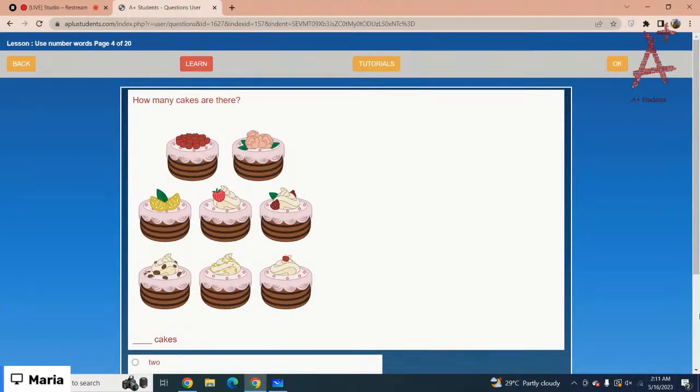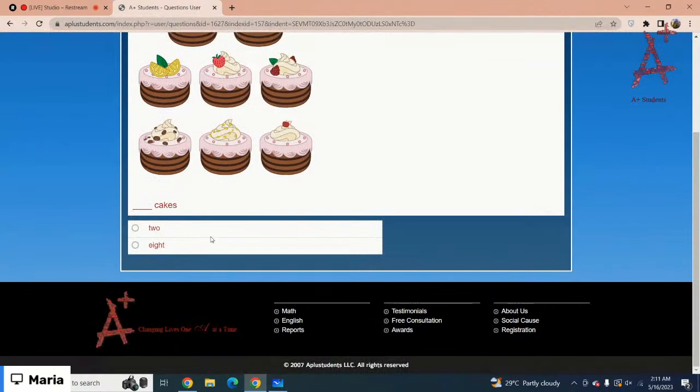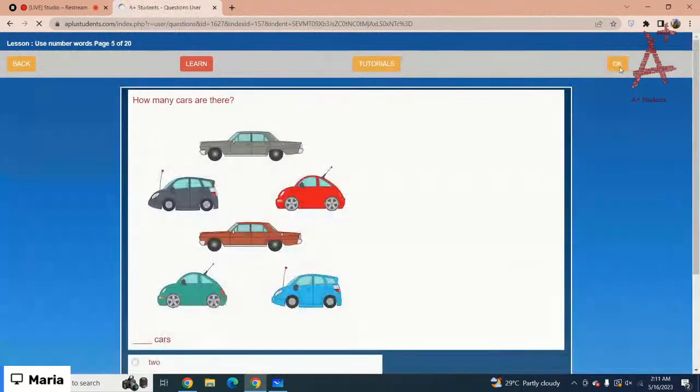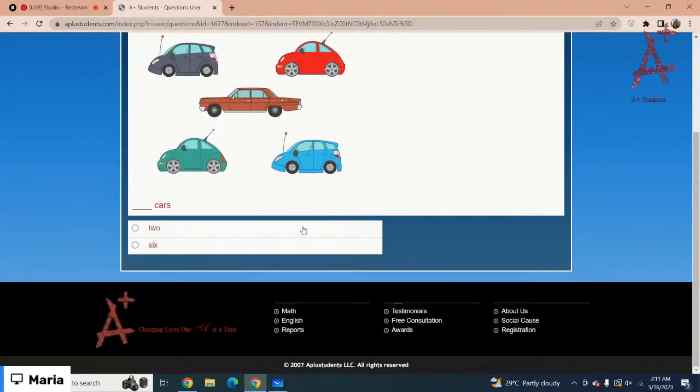We have eight cakes. The correct option is eight. How many cars are there? You have six cars. The correct option is six.